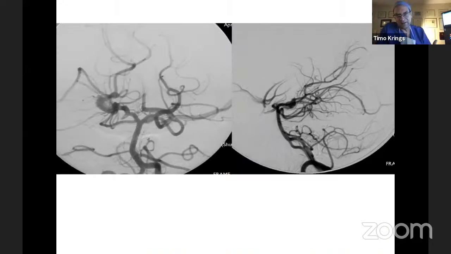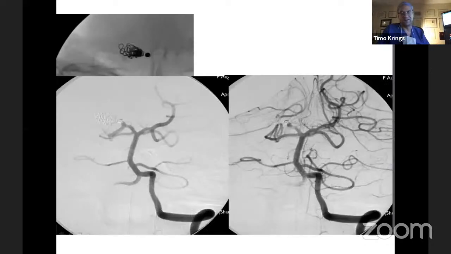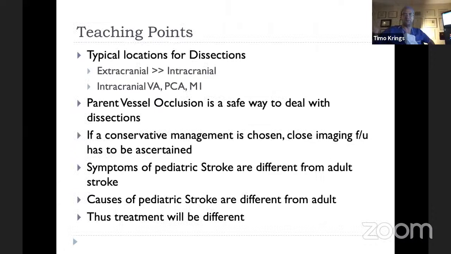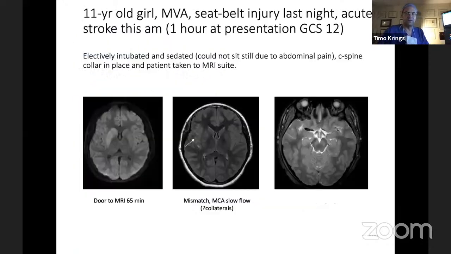And now the patient was at a risk of hemorrhage. And in these cases, you therefore have to think about occluding the blood vessel, which is what we did in this case. So the teaching point here is sometimes parent vessel occlusion is what you have to do in patients with acute stroke, although it seems counterintuitive.